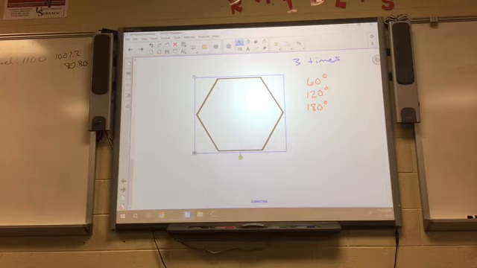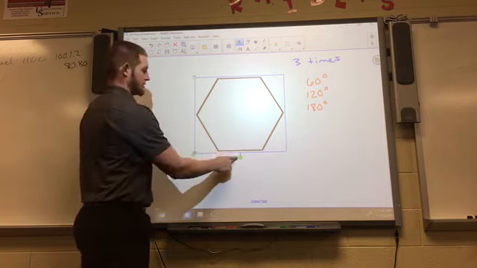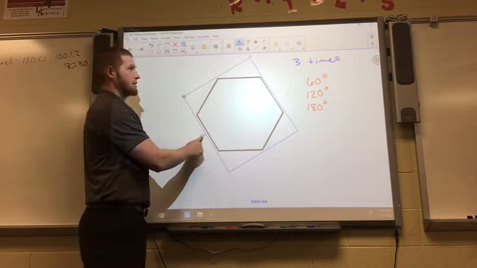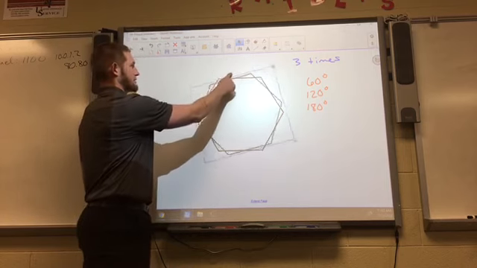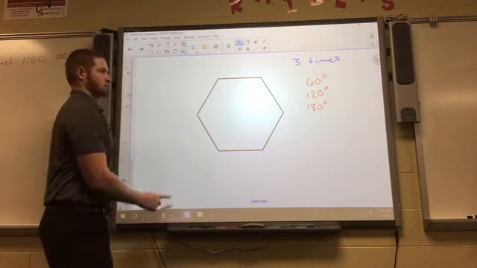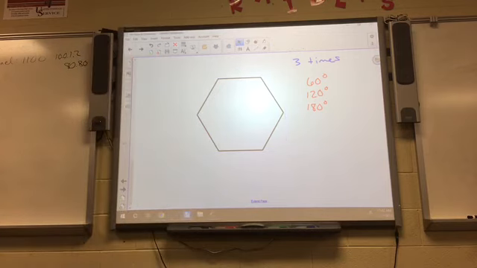True or false, it falls back on top of itself at 240 also. True. Are you going to mark that box though? No, because rotational symmetry is 180 or less. That's not saying it doesn't fall back on itself at that degree, because it most definitely does, and it does it again at 300 and 360. But it's 180 or less for rotational symmetry.